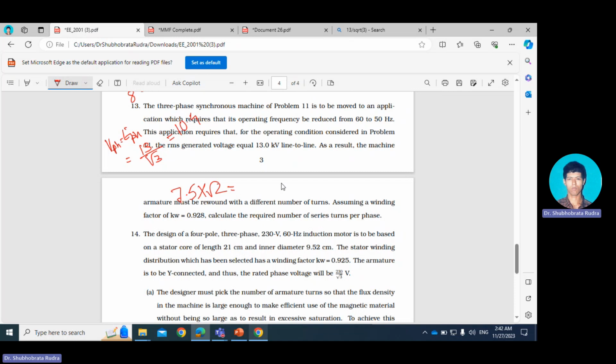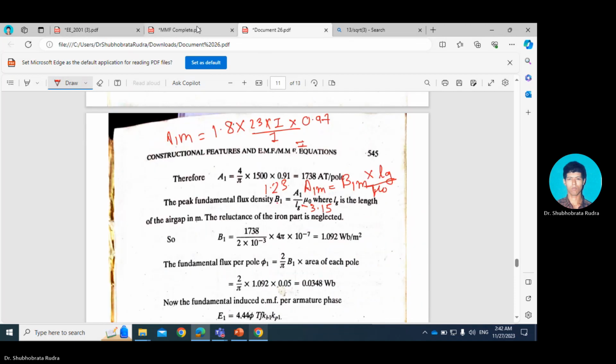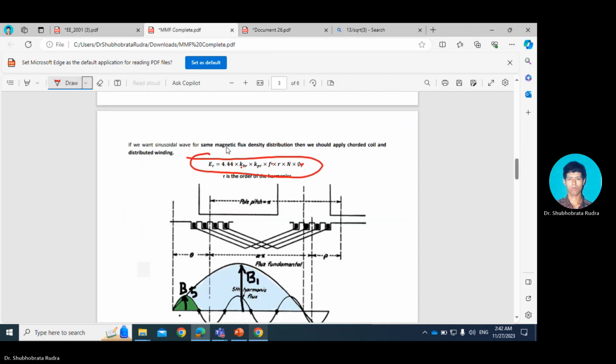That is equal to your omega. Here we can use, instead of this formula, another short formula that will be very effective for this kind of problem.